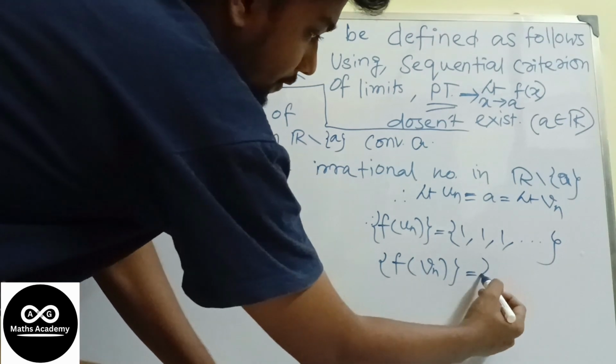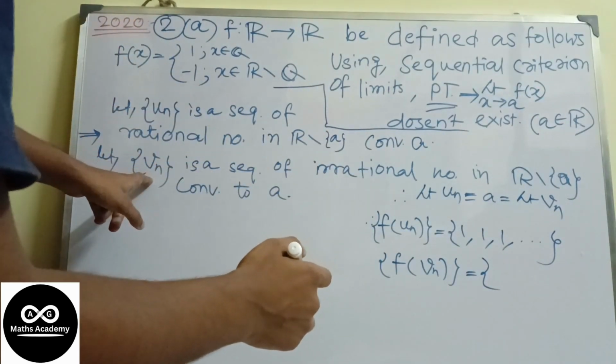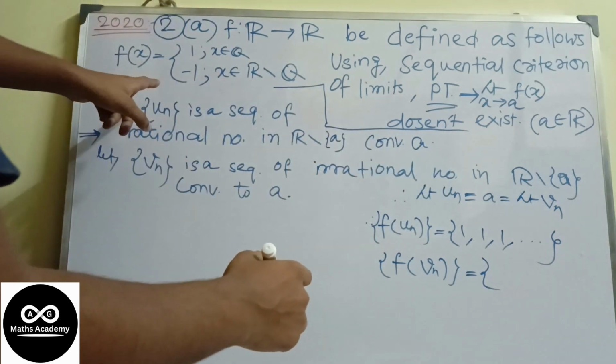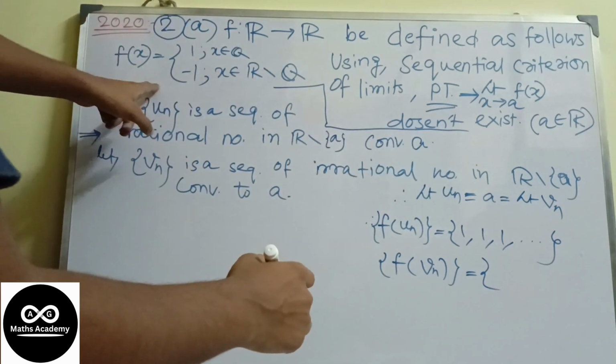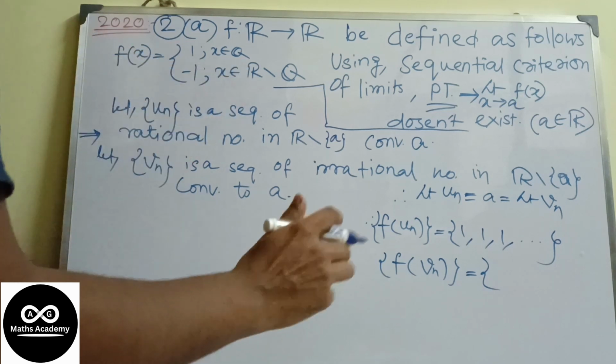The sequence f of vn contains minus ones, as vn is a sequence of irrational numbers, since f of x is minus 1 for all irrational values.